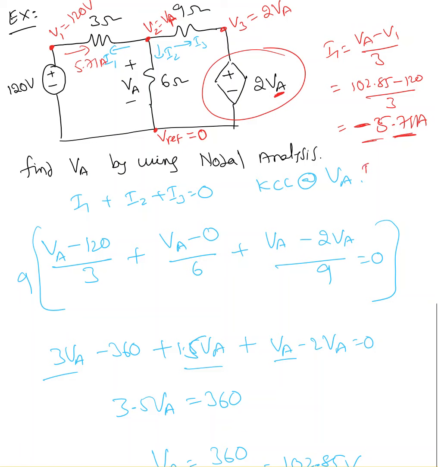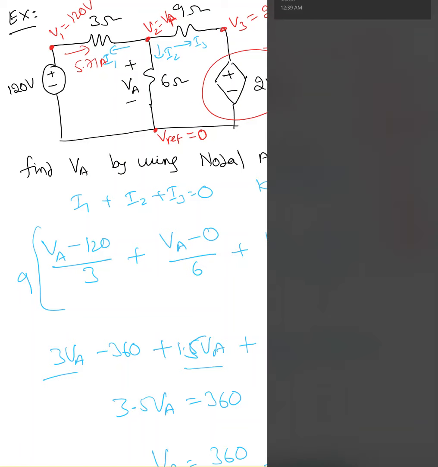Now let me find I2 equal to VA over 6. VA is 102.85 over 6. That current is 17.14 ampere. So I have positive current, so that current is going out. Now let me write down I3.